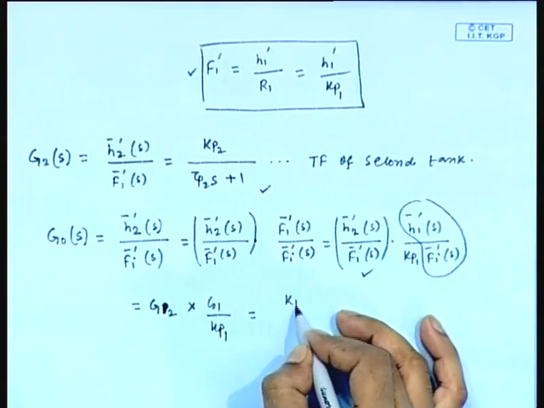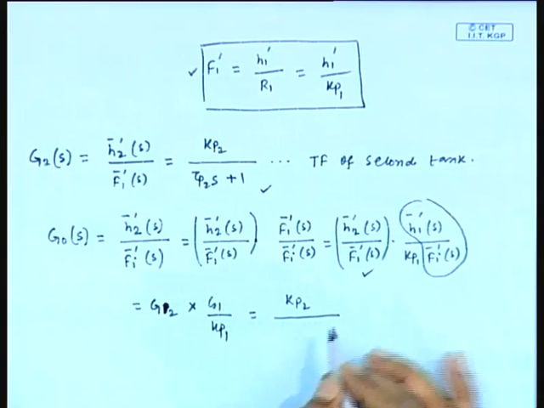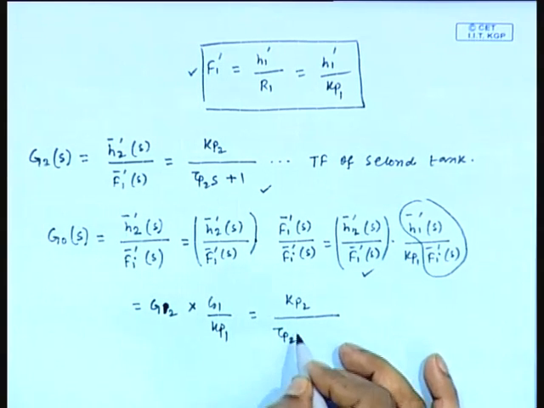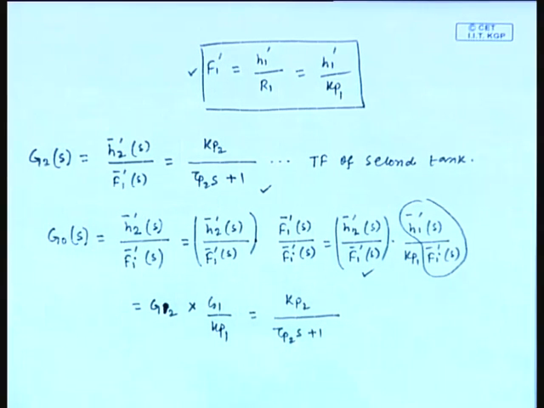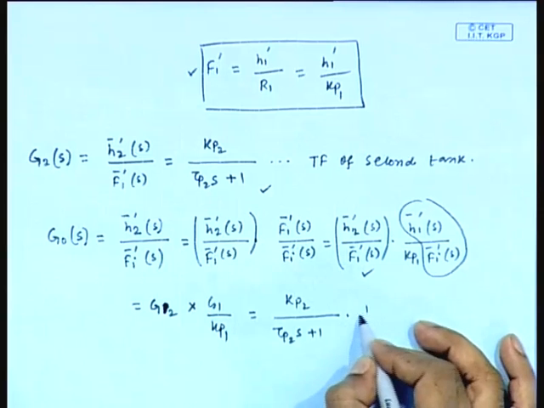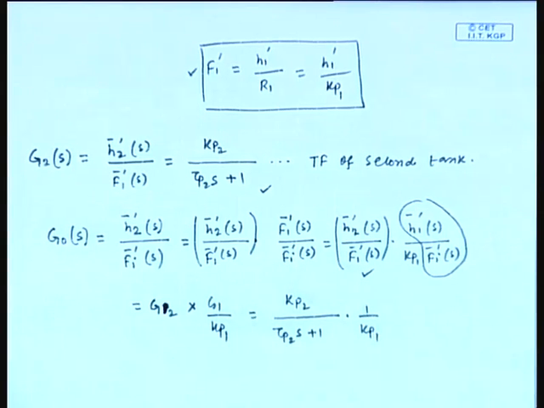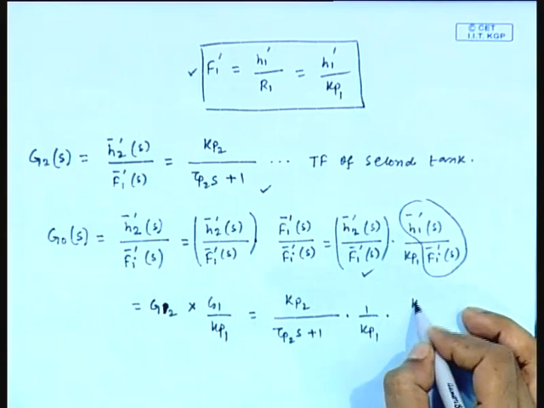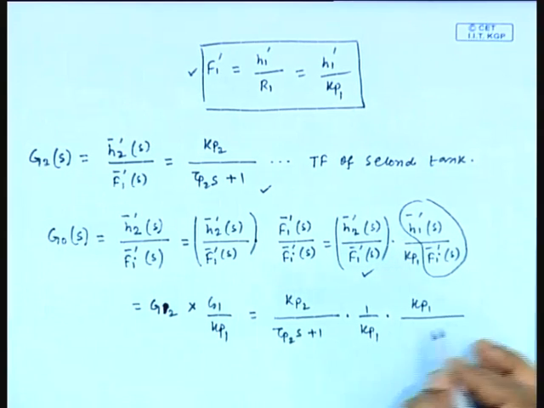That means Kp2 divided by tau P2S plus 1 multiplied by 1 divided by Kp1 multiplied by Kp1 divided by tau P1S plus 1. Agree?